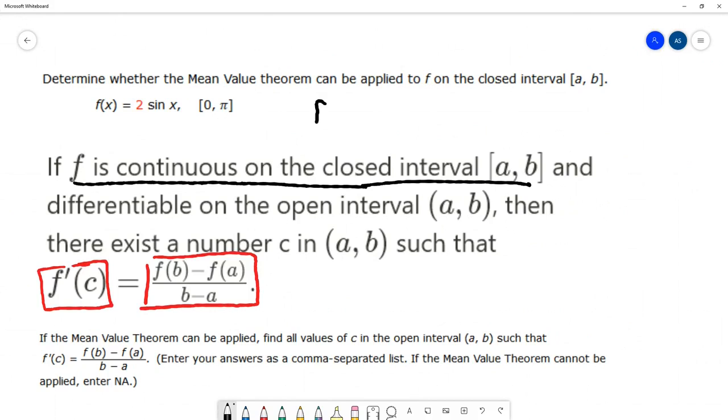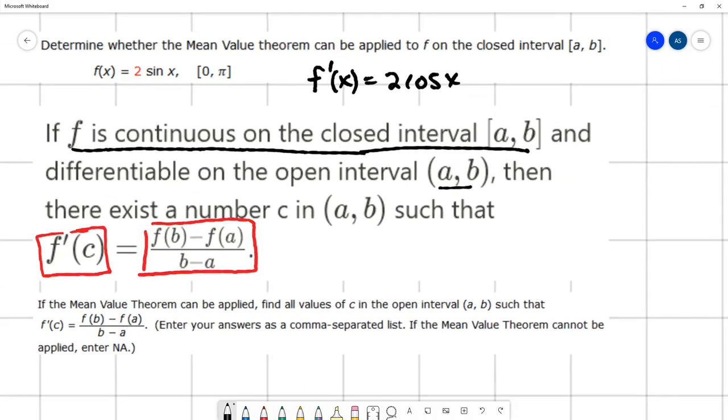Then the derivative of 2 sine x would be 2 cosine x, and that derivative is defined on all real numbers, so it's also defined on this interval from 0 to pi. So the conditions of mean value theorem are met. The function is continuous and differentiable on the open interval from 0 to pi.